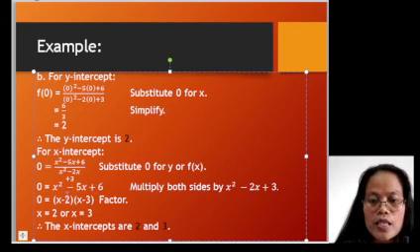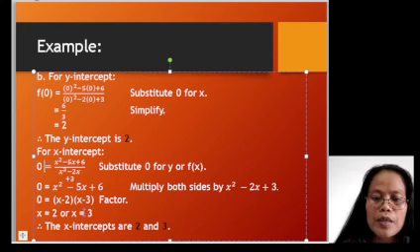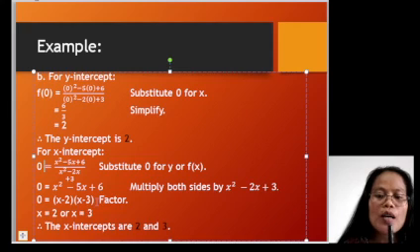We will not use positive 2 and 3 here because the middle term of this trinomial is minus 5x. So we need to use the two negative numbers as factors of positive 6, because the product of two negative numbers is positive. Okay, we have here the factors x minus 2 times x minus 3.